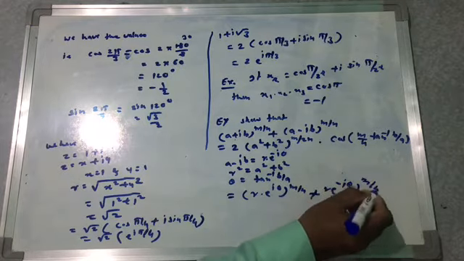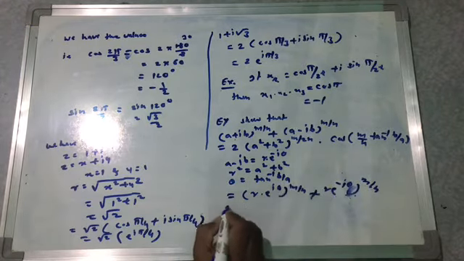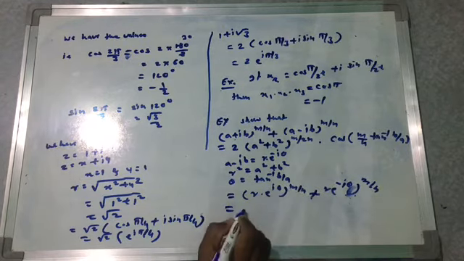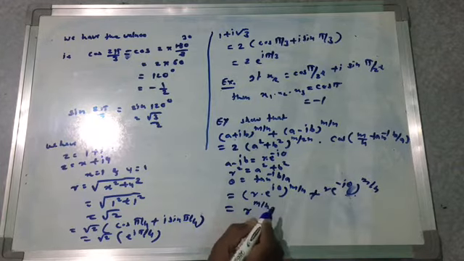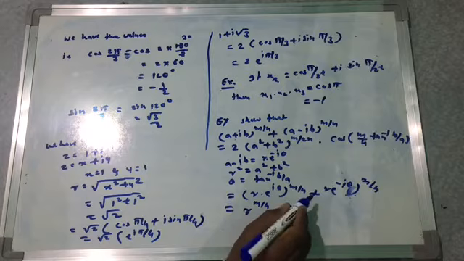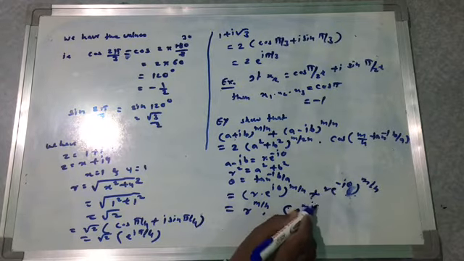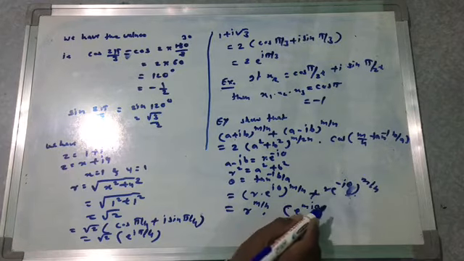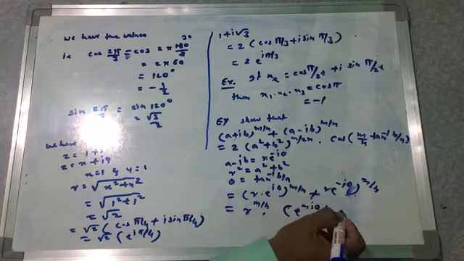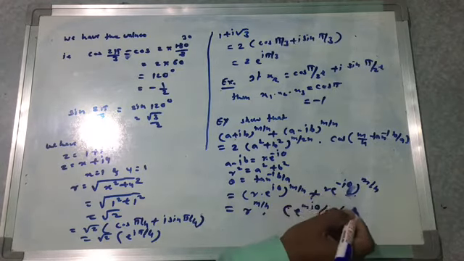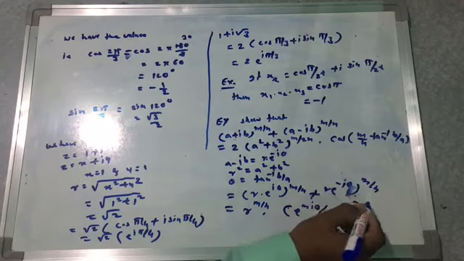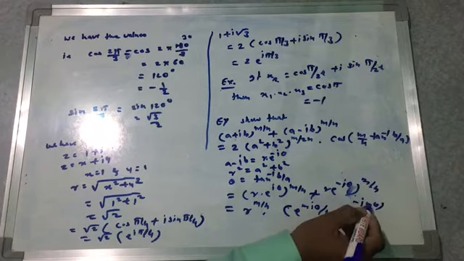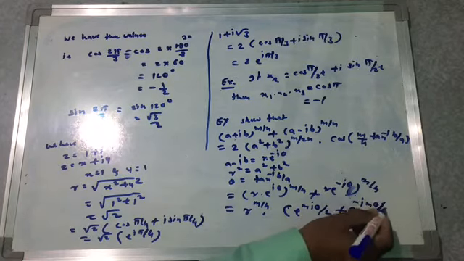So that could be again r raised to m by n, then e to the power i m theta by n plus e to the power minus i m theta upon n.